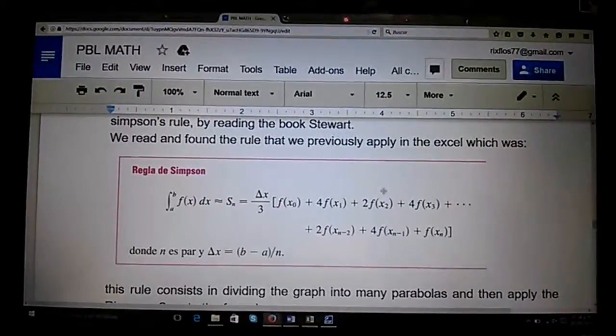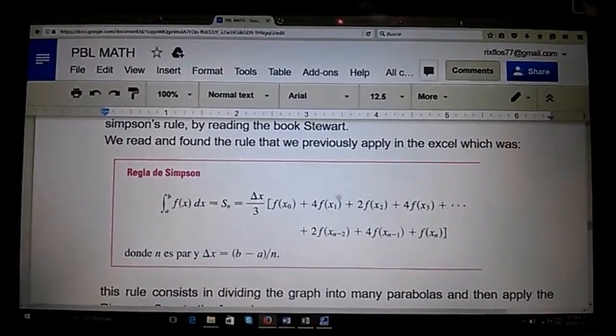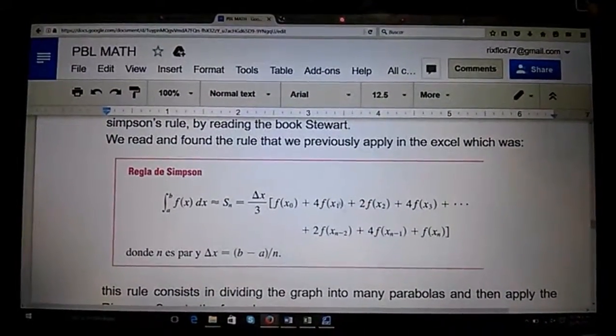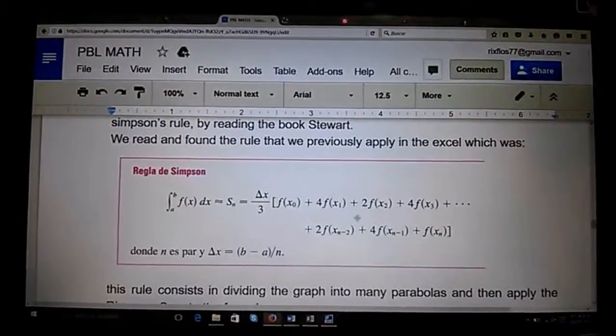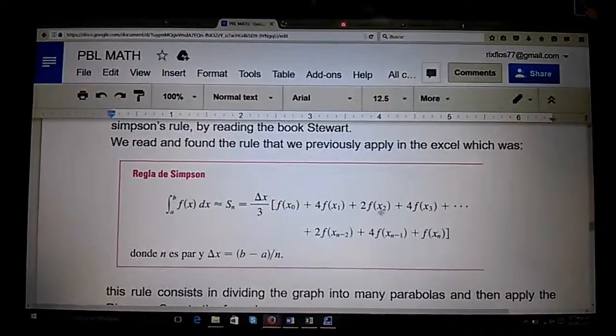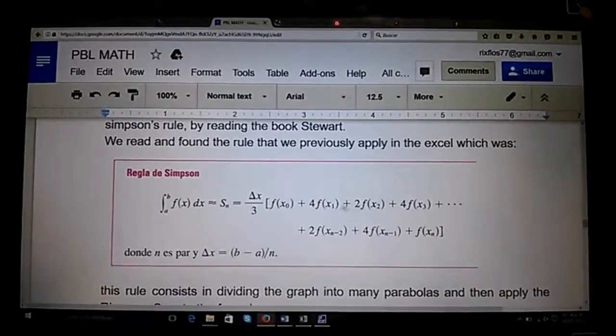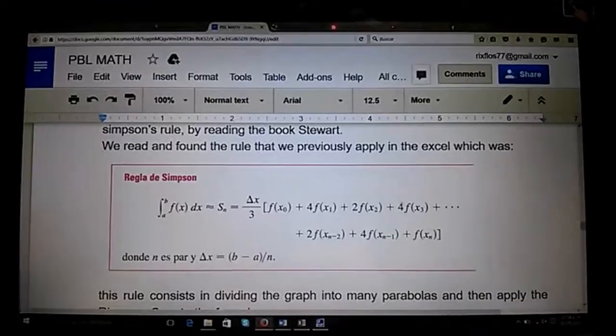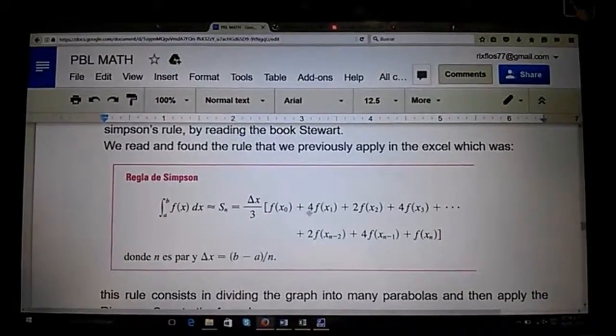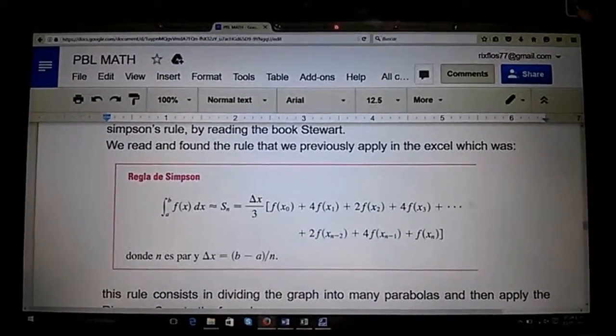The formula says that we have to take a value of the list and multiply it by 4, then add the other value multiplied by 2, and then the other value multiplied by 4, and this is a sequence of times 4, times 2, times 4, times 2.